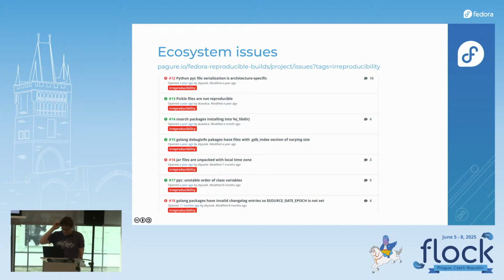A common theme is that noarch packages use the libdir macro, and it's architecture specific, and of course doing it in a noarch package doesn't make sense. Either it's just some annoyance, or it's an actual bug.